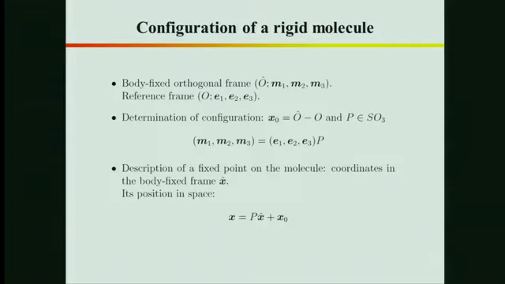So the reference frame, we say this one, because they can be changed. This is for any rigid body. So the determination of the configuration space is translationally invariant. Let's say P is in SO(3), so then M1, M2, M3 could be expressed in this way. The description of a fixed point and molecular coordinates in the body frame and the position in space can be used in this way.